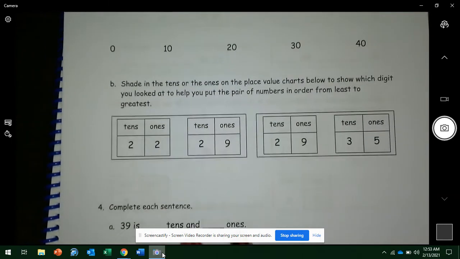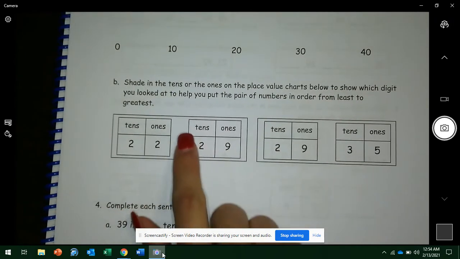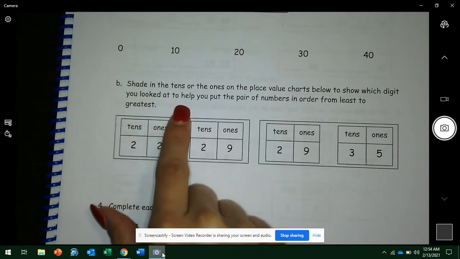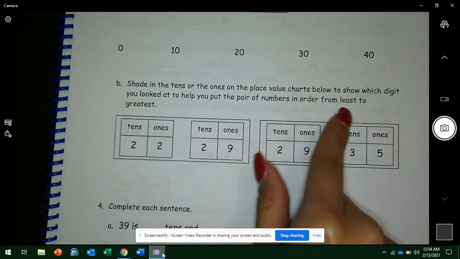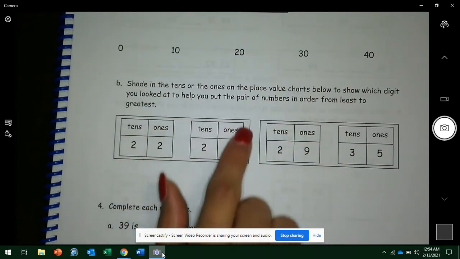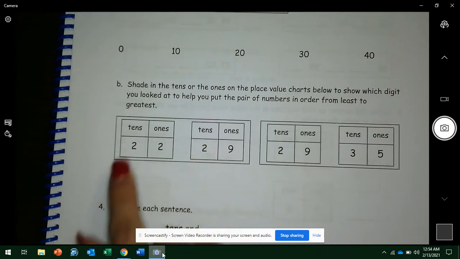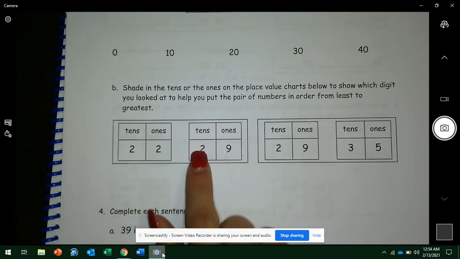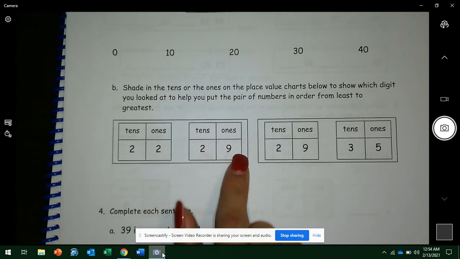For B, it says shade in the tens or the ones on the place value chart below to show which digit you looked at to help you put the pair of numbers in order from least to greatest. So look at the first box right here. You have 2 tens, 2 ones. Then you have 2 tens, 9 ones.